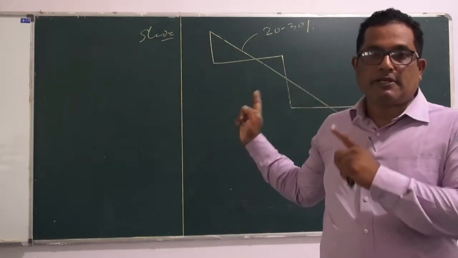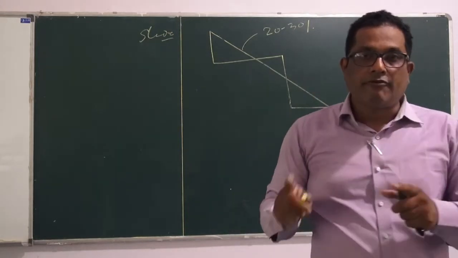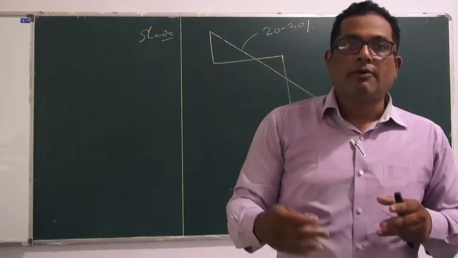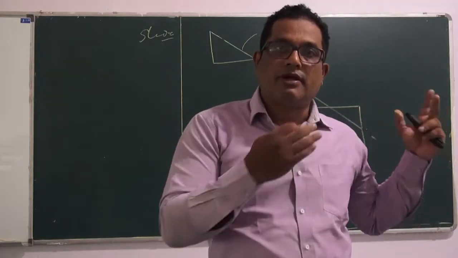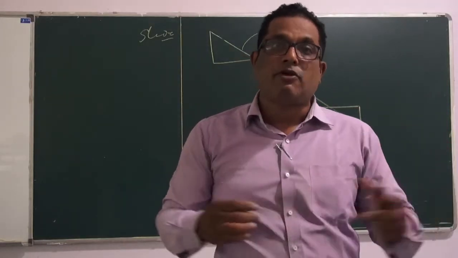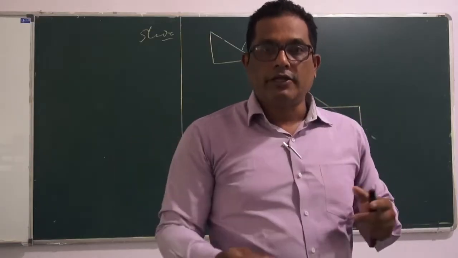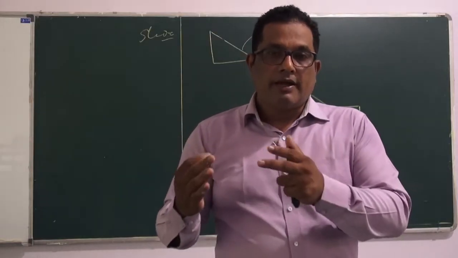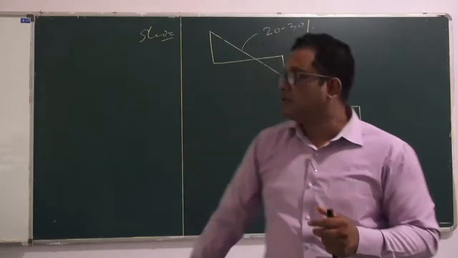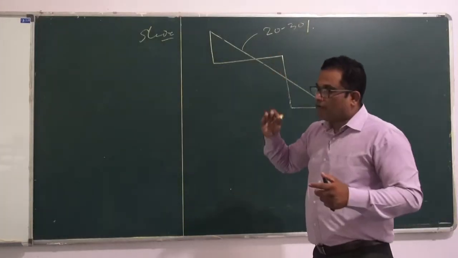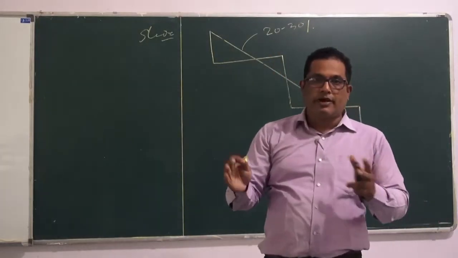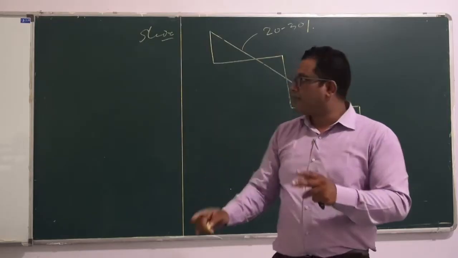But here we are specially talking about bench terraces. Whenever we talk about terraces, the first thing that comes to our mind is bench terraces, because it is most widely used, especially in terrains like ours. For any cultivation, we normally require a leveled surface.